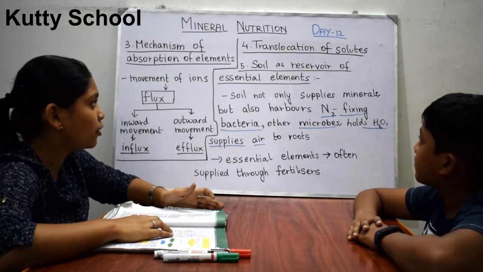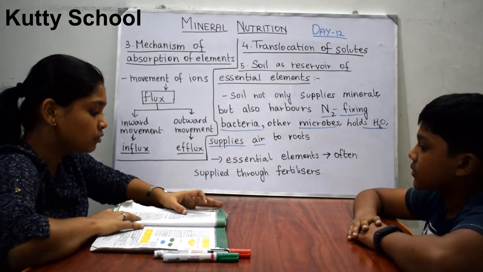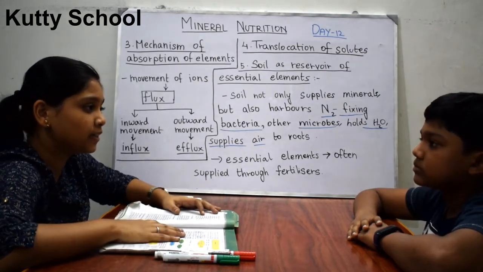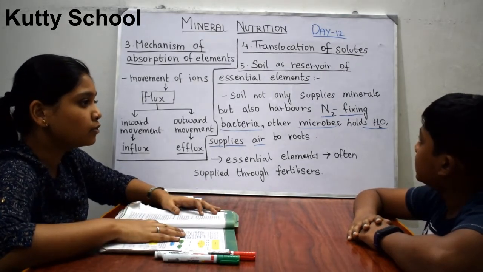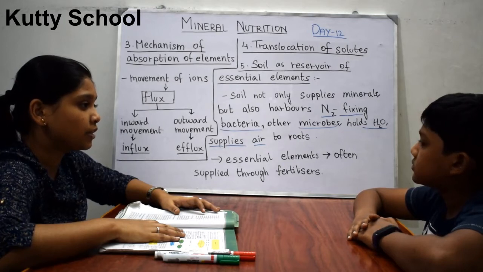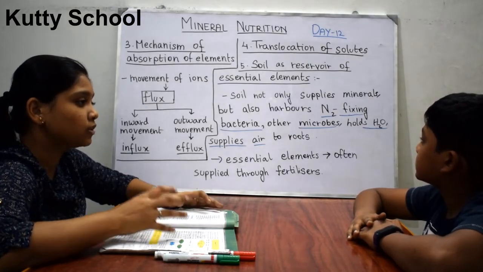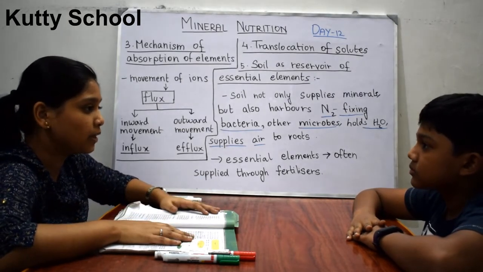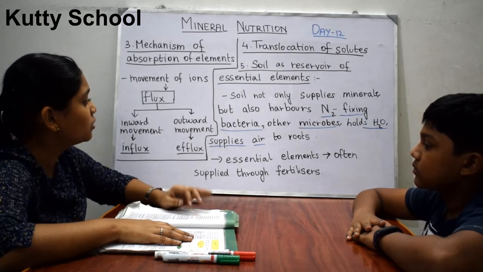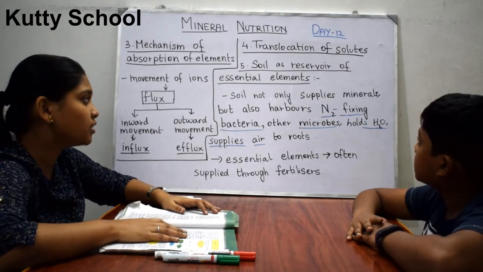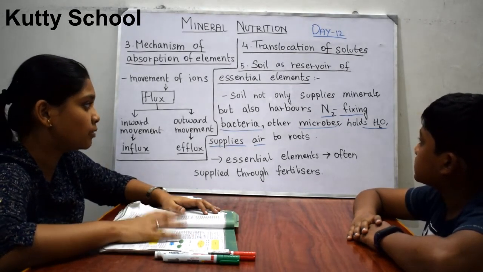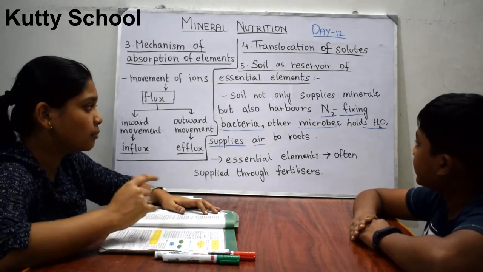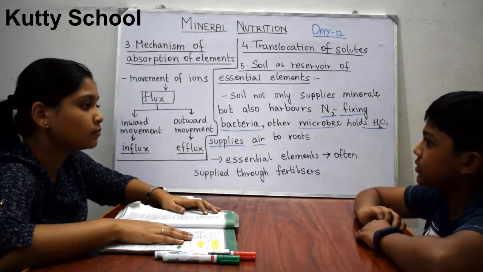The next topic is soil as reservoir of essential elements. Soil has an enormous amount of minerals and elements because of the weathering of rocks, which convert into soil with enormous amounts of minerals and ions. Soil not only supplies minerals to plants but also harbors nitrogen fixing bacteria like rhizobium and other microbes that live in root nodules.